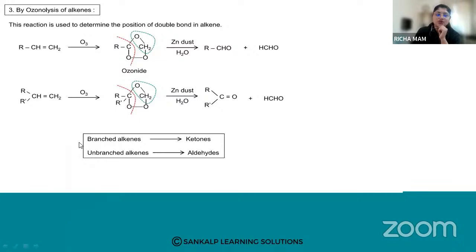Then we had seen ozonolysis, very important. I told you this is important. What we are doing is ozonolysis of alkenes. Alkenes are unsaturated compounds with a double bond. Ozonolysis means addition of an ozone molecule, O3, across the double bond.